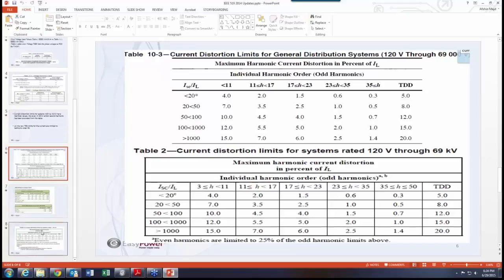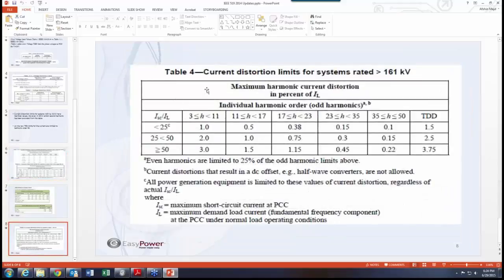Then there is another table that you will find as table 4 in the IEEE 519 2014 version, which goes for voltages even higher than 161 kV. Again, you would see the same rules: it goes all the way to 50 and excludes the second harmonic. So that has become like a general rule. Everything goes all the way up to the 50th order, and the second harmonic is excluded everywhere.